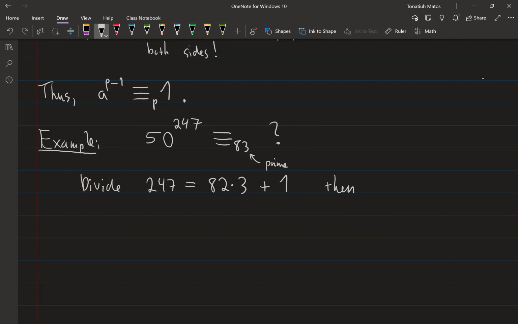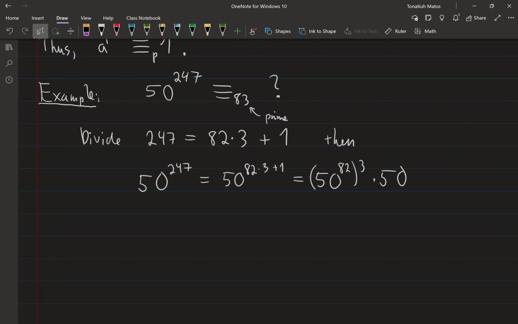And then 50 to the 247 is equal to 50 to the 82 times 3 plus 1, which is equal to 50 to the 82 to the 3 times 50. These are just exponent rules, right? There's no modular arithmetic, no trick here. And now I reduce this mod this prime number, 83.